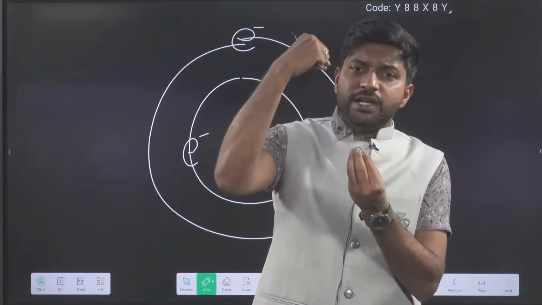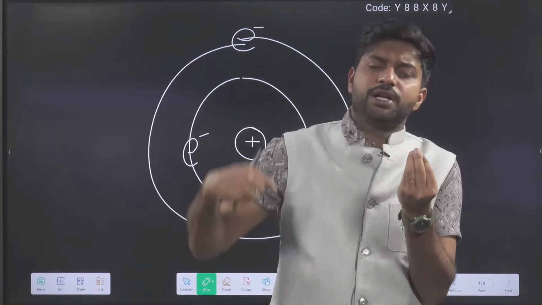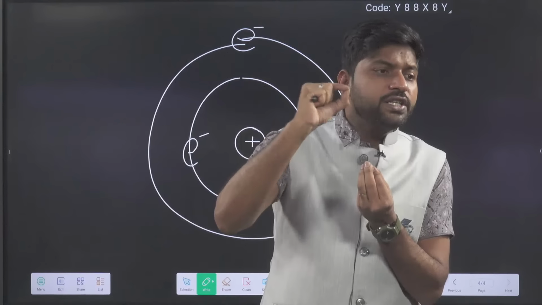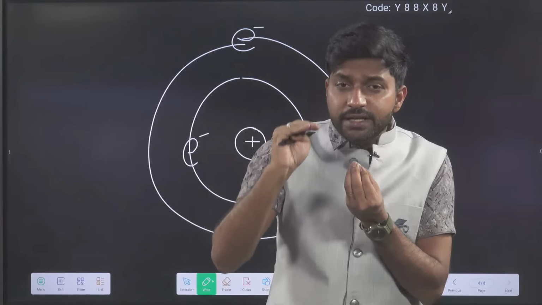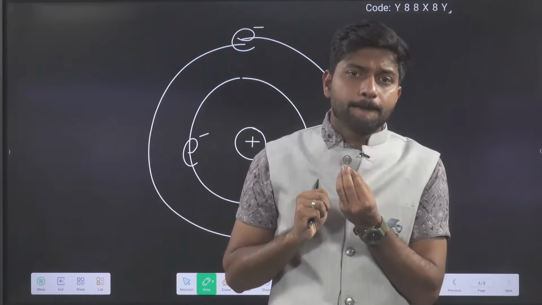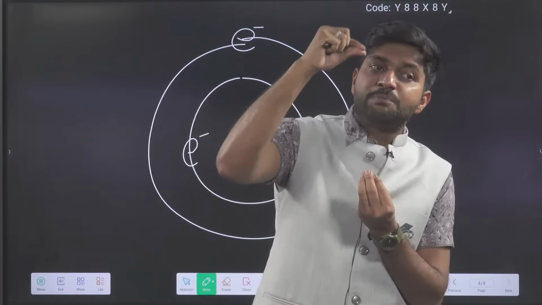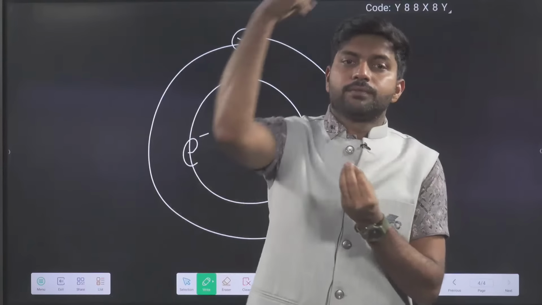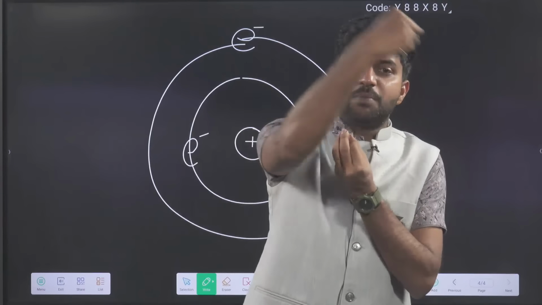if one charged particle is revolving around another charged particle, this charged particle will lose its energy, means its energy will decrease, and there is no source providing energy to this particle to continue revolution around this charged particle.